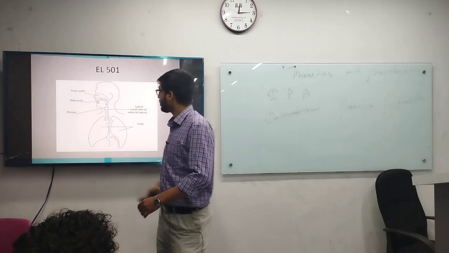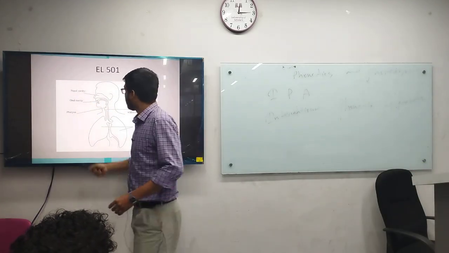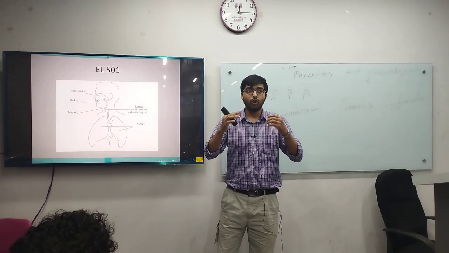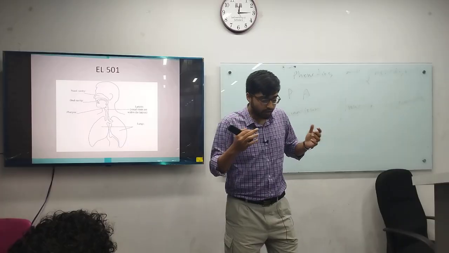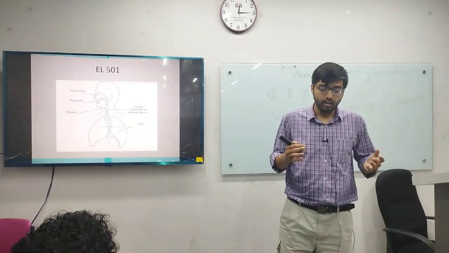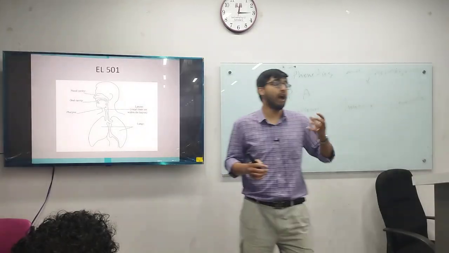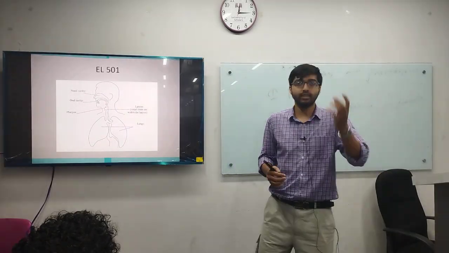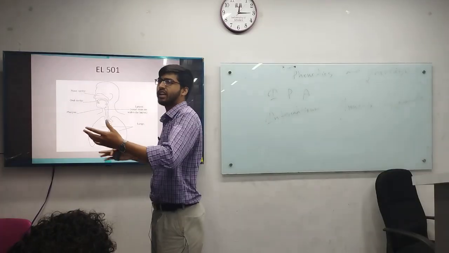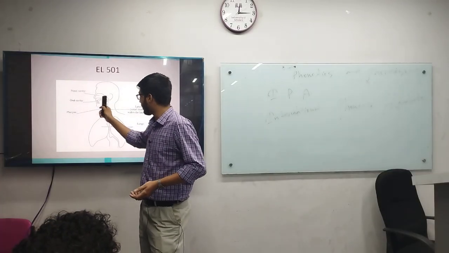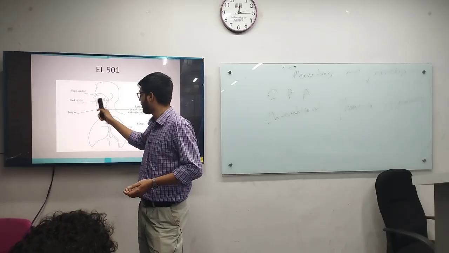Okay, so let's see. What are the articulators, or what are the organs that are accountable for producing the sounds in English or in any language? Nasal cavity, definitely. Oral cavity, that means this whole part.